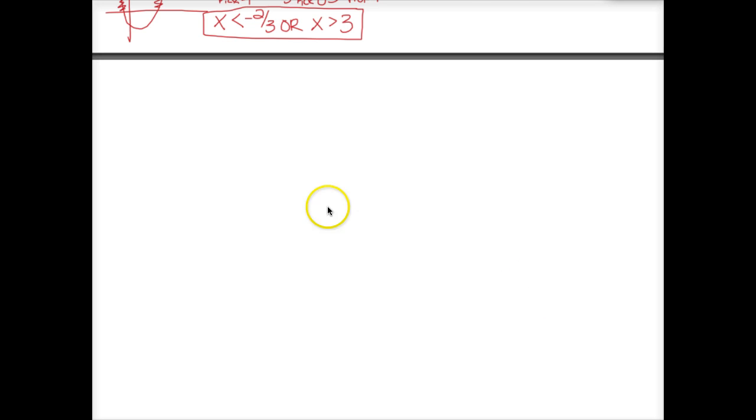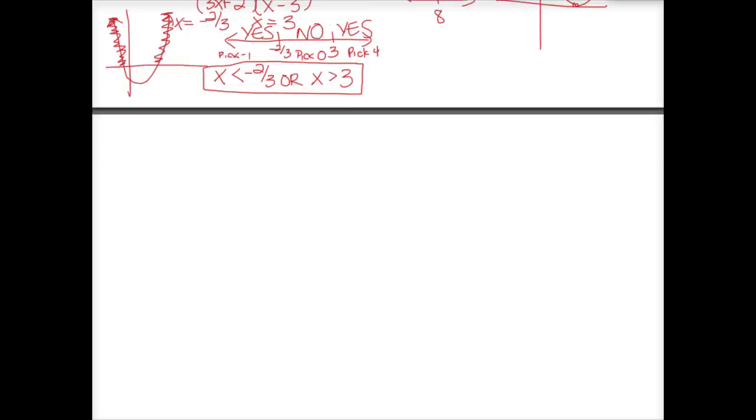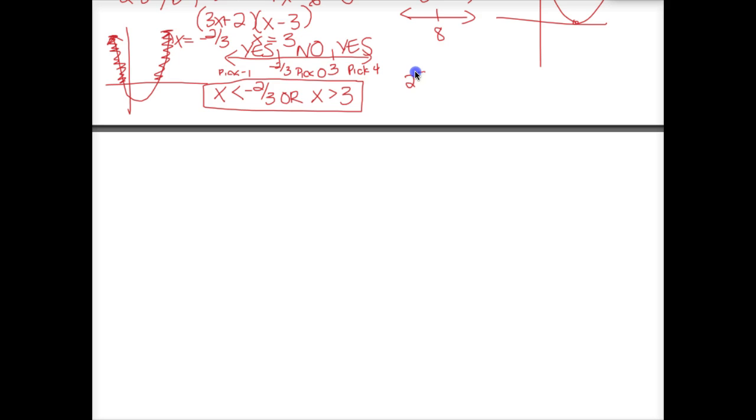Some people had a question on how to get from number 24 to number 25. In number 24, you had this, -16t squared plus 20t plus 6 is greater than or equal to 10. I got 24 because I subtracted the 10, which you need to get it in standard form, because that gets you 0, but then you have to get rid of that negative.